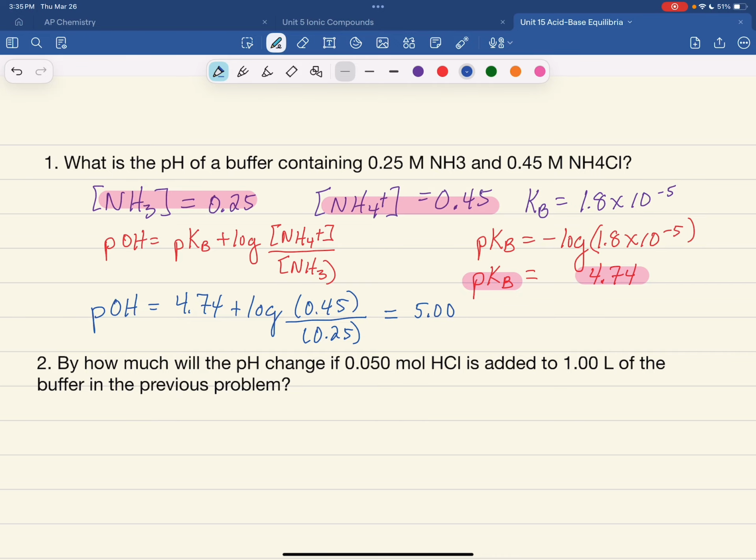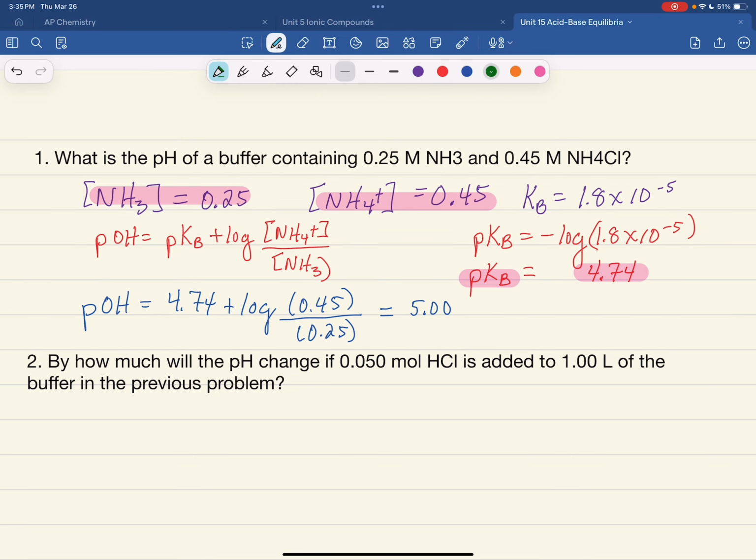Well, that's not my answer. My answer is the pH. Okay, so we have one more step to go. My pH is going to be equal to 14 minus pOH. Because I was using the weak base form of our Henderson-Hasselbalch equation, I get my pOH, which I did get 5 for.